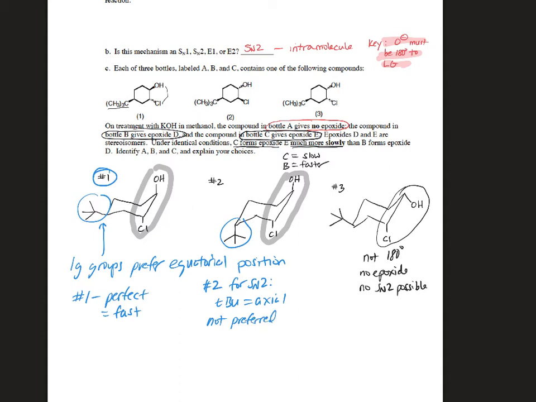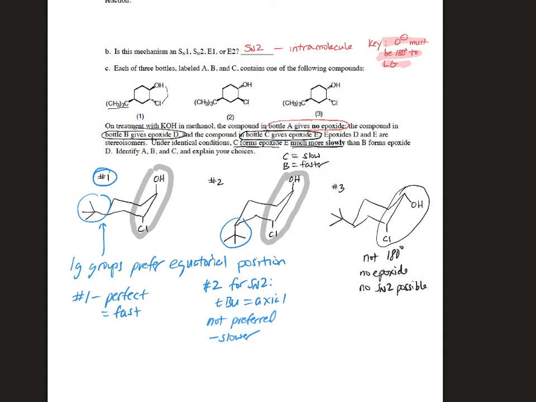And so this is going to be a difficult chair form to establish. Most of the molecules will not be like that. And so this is going to be slower because you're not going to have many molecules that are willing to put the tert-butyl group axial. So very few molecules will have the correct setup.